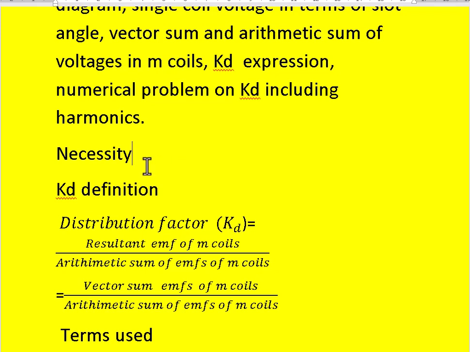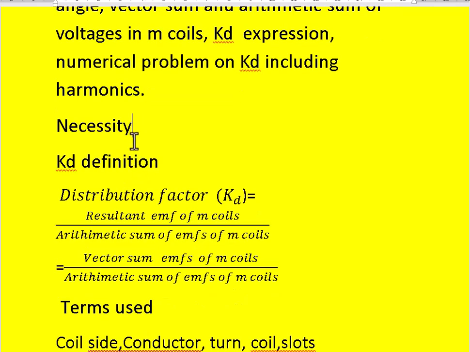Let me consider first the necessity of this. This distribution factor in the alternator is necessary while calculating the generated EMF per phase in the alternator. Next, the definition of the distribution factor is like this.